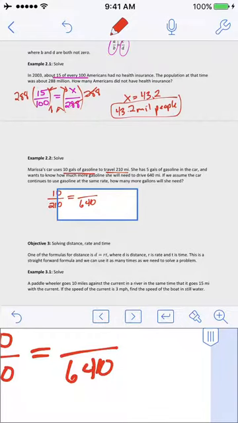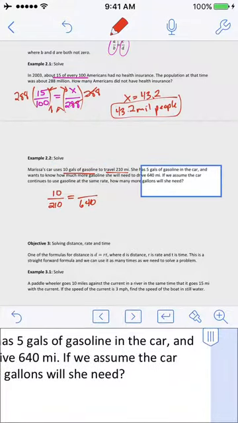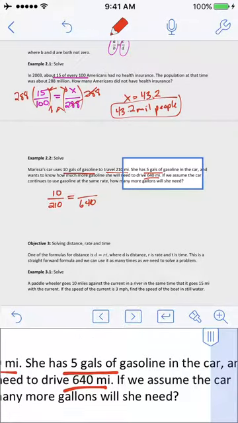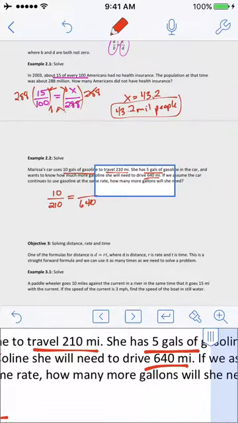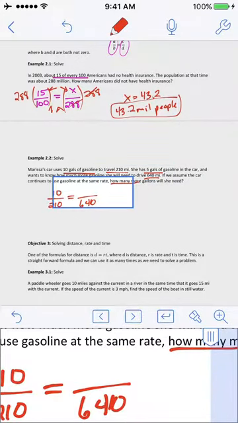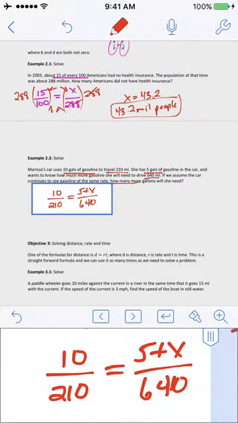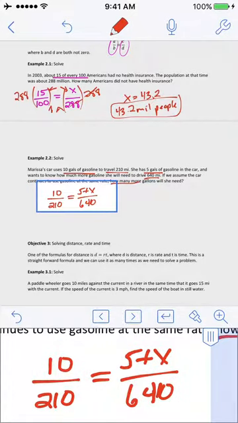But let's be careful, right? She wants to go 640, but she already has something in her car. So we're not asking about the total number, we're asking how many more. She already has 5, and she needs more. Now we have a proportion, 5 plus x. So we translate it. Let's solve now.